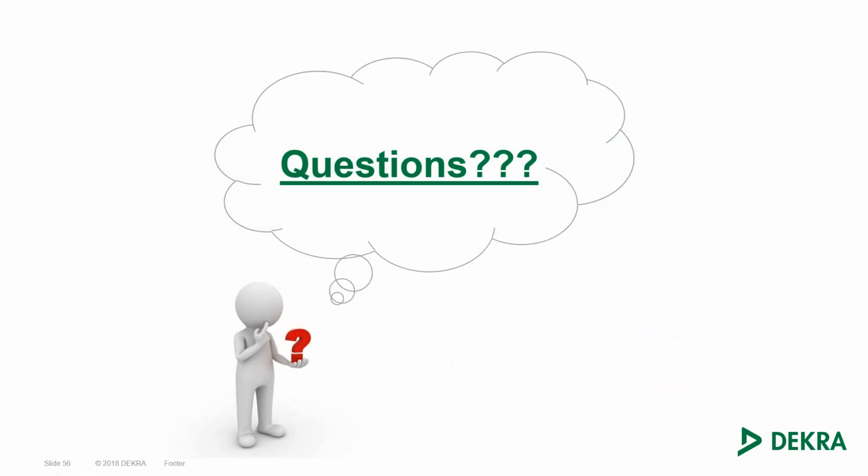At this time, we're going to go through some of the questions that came in during our presentation. If you guys have any questions, please feel free to go down to that questions bar and start typing those in, and we're going to start answering some of the questions that came in. So the first question we had is, when creating an incident, will it generate separate audit incidents for each corrective action?